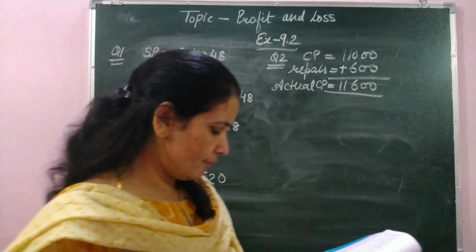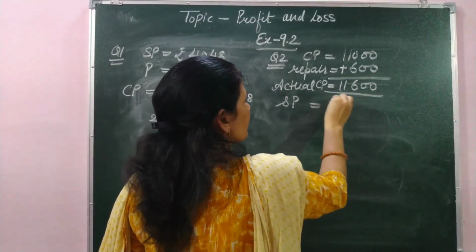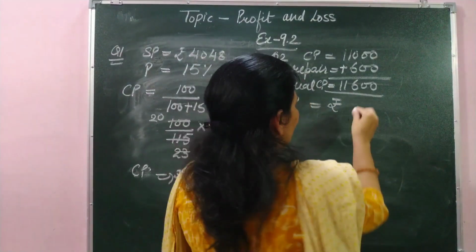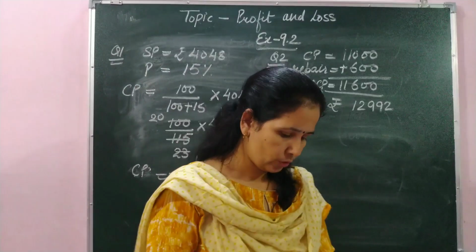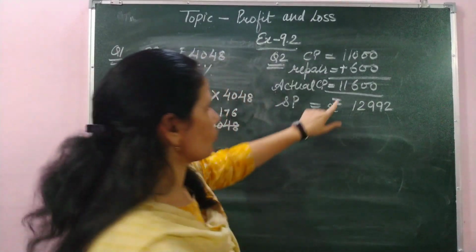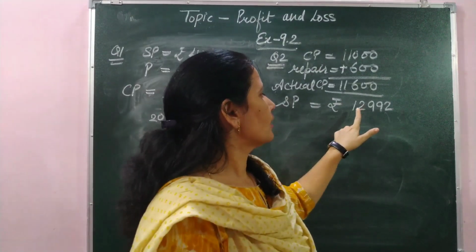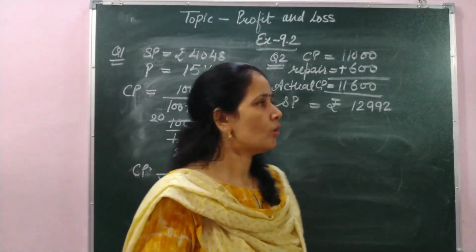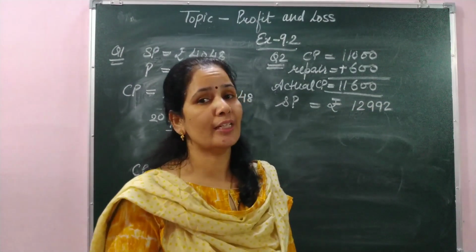Now we have the CP. Then he sold this scooter at rupees 12,992. Okay students, he purchased the scooter at 11,600 and sold it at 12,992. At first we observe that the selling price is more than the cost price.